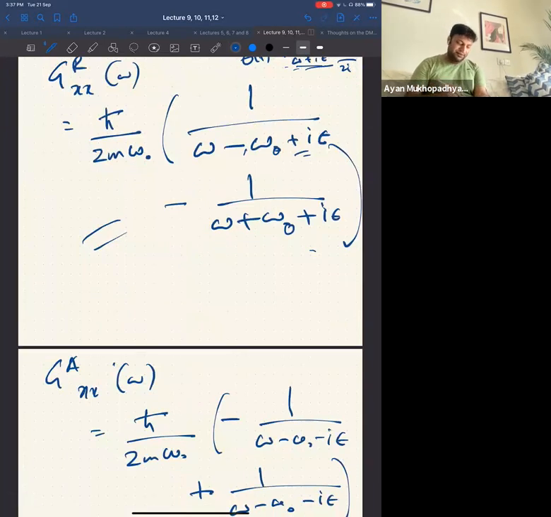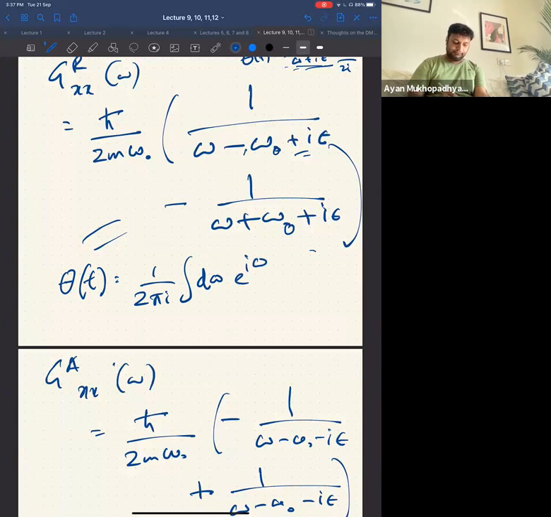Anyway, we simply go slow like this and we cover less content. So the thing is that the theta of t, the Fourier transform, is simply like this. We know this already. It's plus i epsilon, I guess.